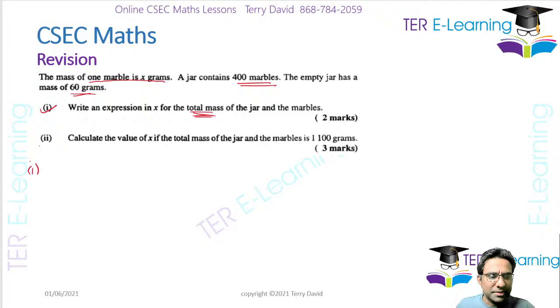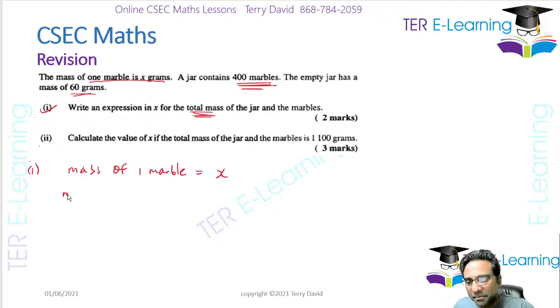All right, I'm seeing some answers coming in, so let's see who's correct. When you get a question like this, all you really need to do is break up the question in a way that you can understand. The mass of one marble is x, but in the jar you have 400 marbles.